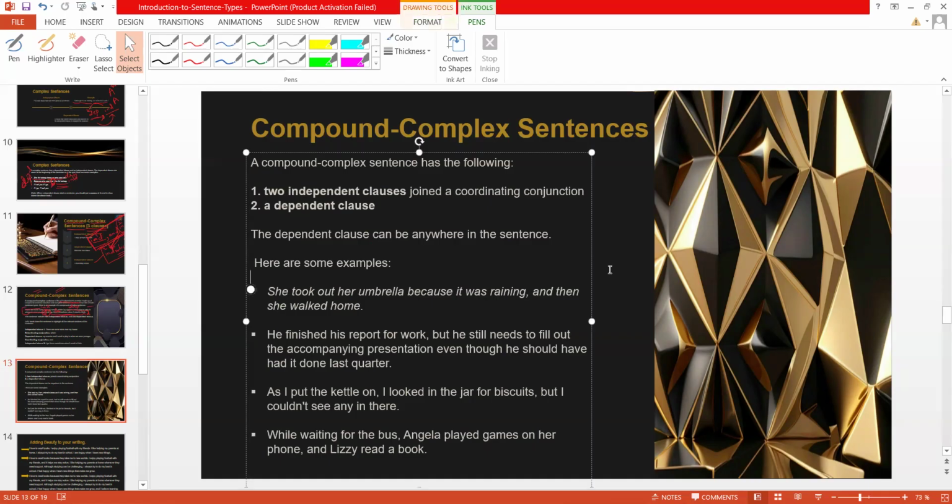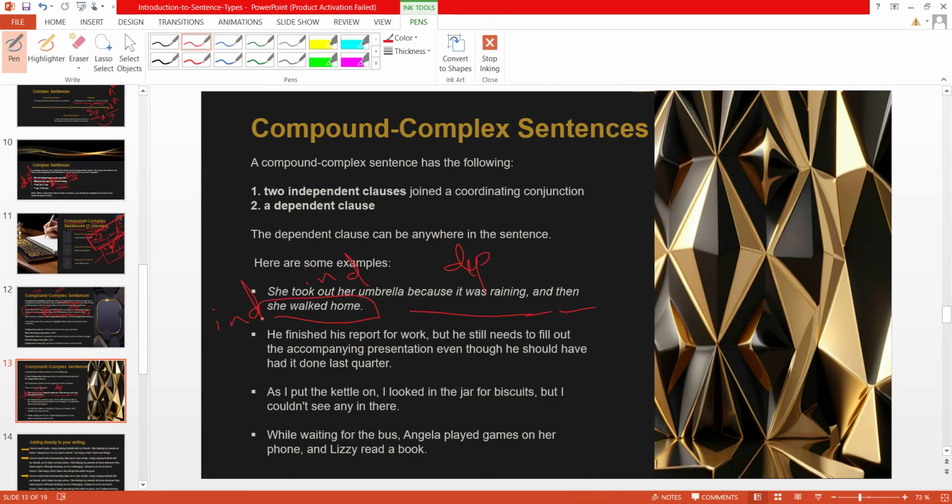Because the independent clause is coming first, we need not put a comma here. Because it was raining, this is dependent. Then, this is what we call the subordinating conjunction. She walked home. This is again an independent clause.